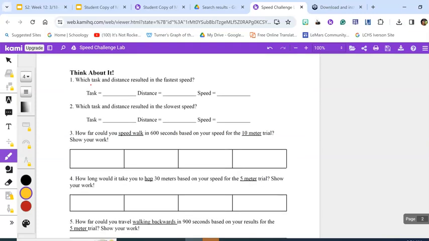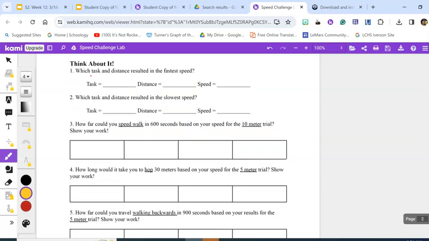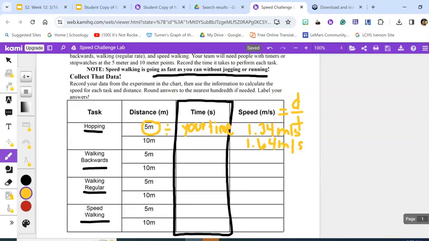Now, the thing about these questions is that these questions are all based on your individual data. Okay, so when you look at these questions, it says which task and distance resulted in the fastest speed. That's just for you. So you have to go back and look at your data on this page.